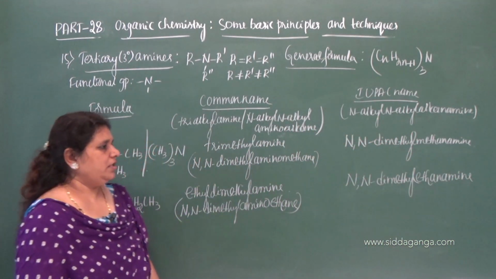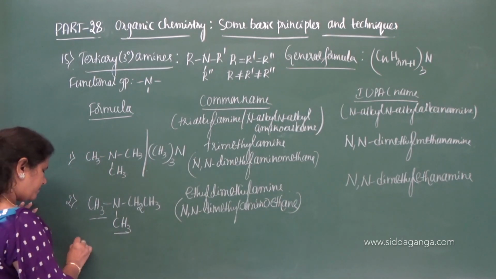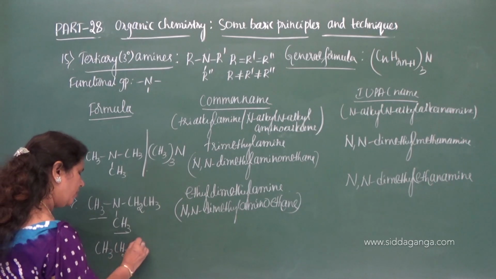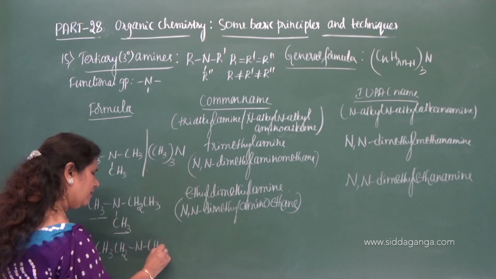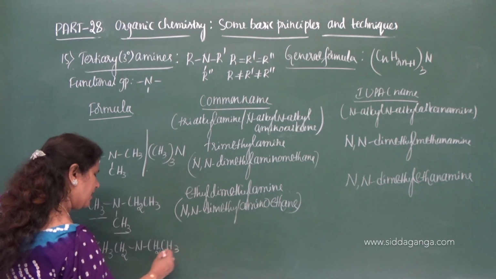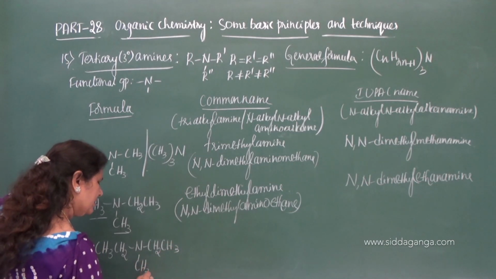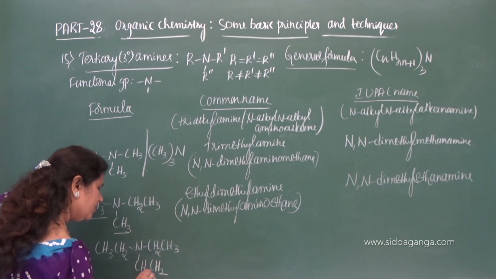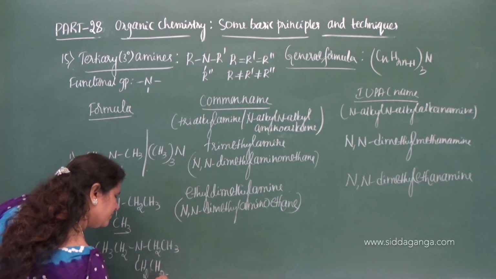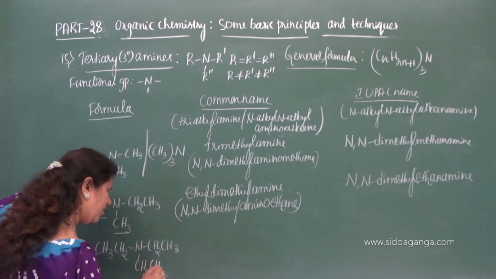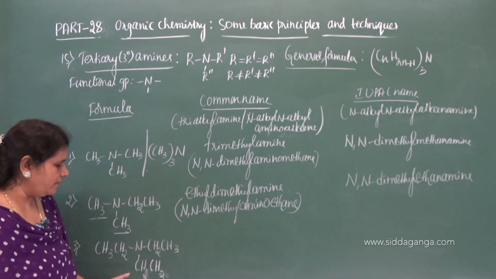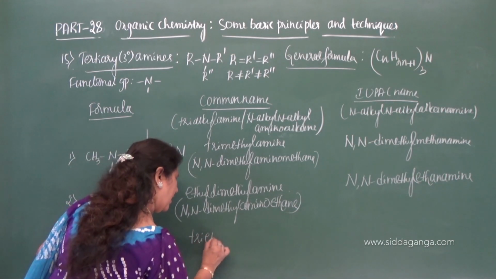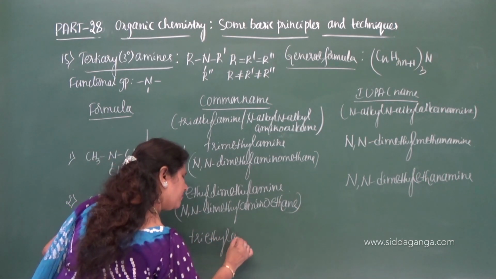Clear? Now third one, CH3, CH2, N, CH2, CH3, CH3, CH2, sorry, CH2, CH3. Okay, now all the three groups are ethyl groups, therefore triethyl amine.